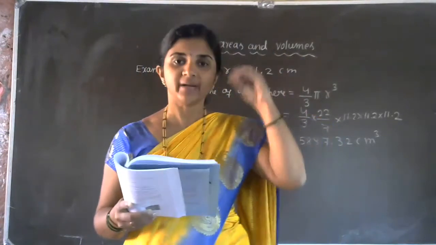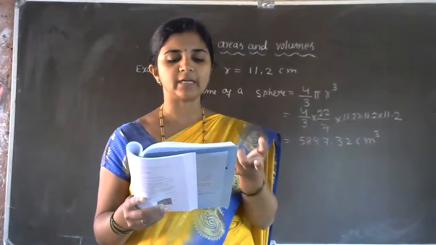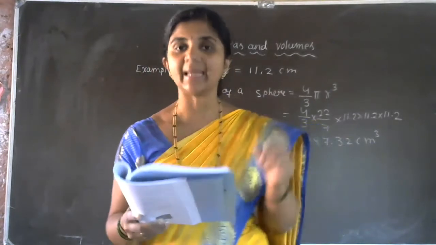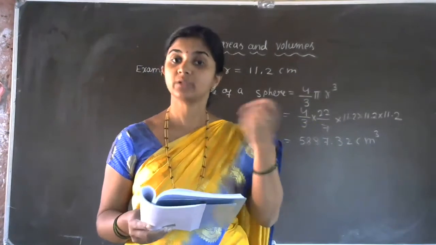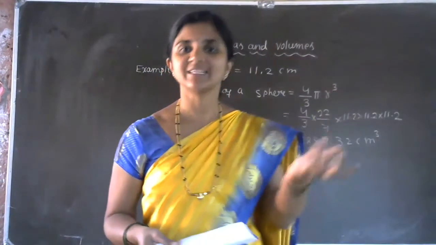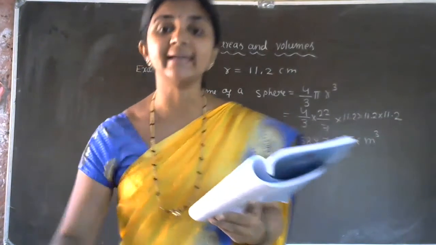To find the mass, first we have to find the volume, and then multiply that volume by 7.8 to get the mass. You already worked out mass problems in the previous exercises, right? So look at the solution of this example 18.